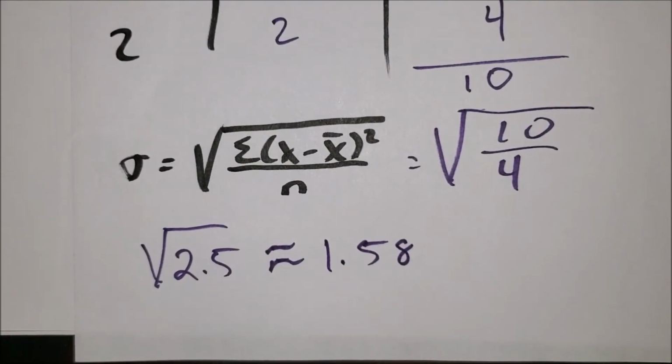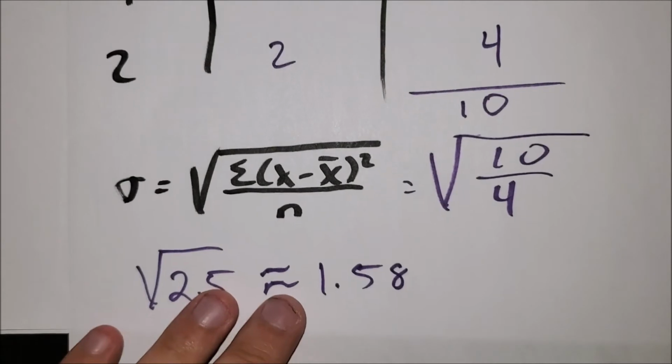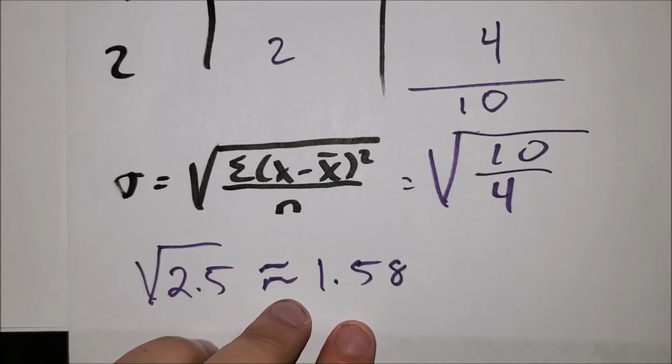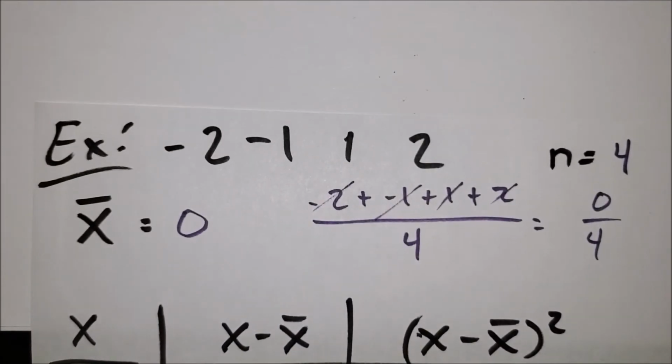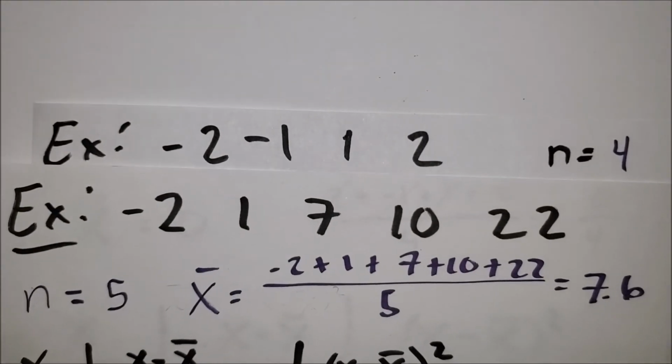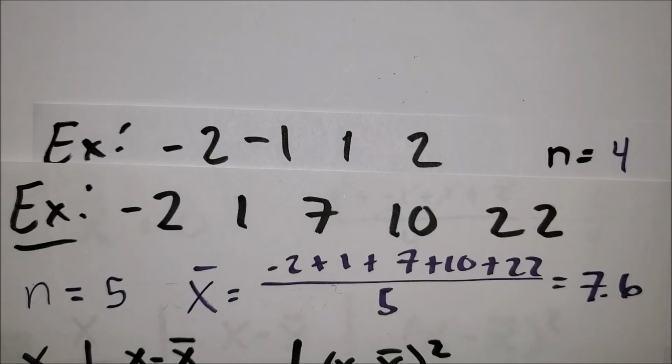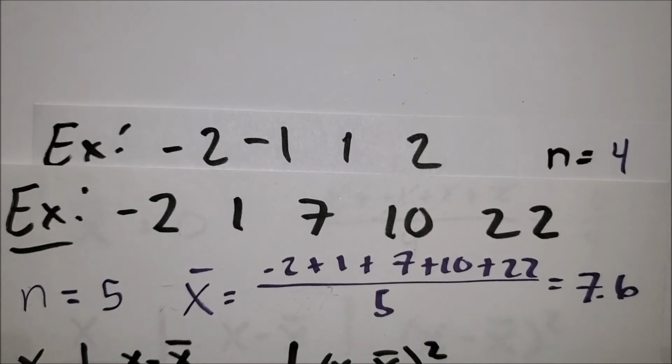Now, if you notice, this value of 1.58 is much smaller for this set than the standard deviation that we got for this set. This set has a standard deviation of 8.3618.